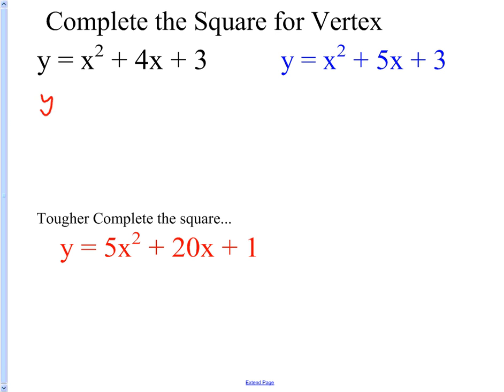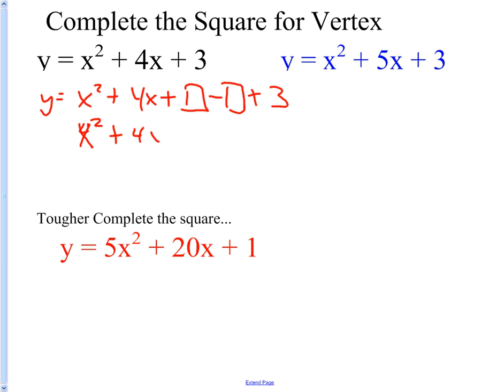Okay. Y equals x squared plus 4x plus a box minus a box plus 3. Then I go x squared plus 4x, and this is the part where I need to find the halfen square. And he goes in there, 4 and 4.